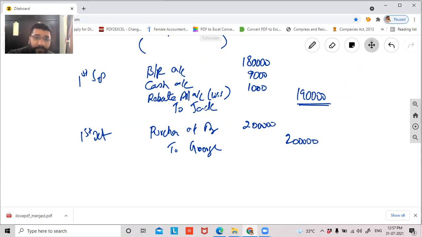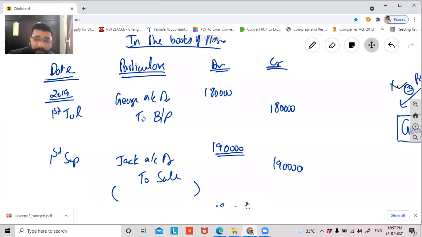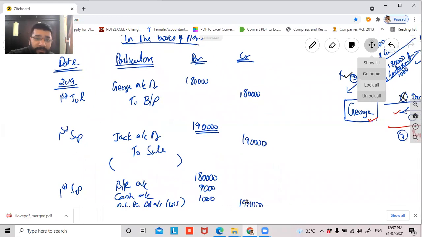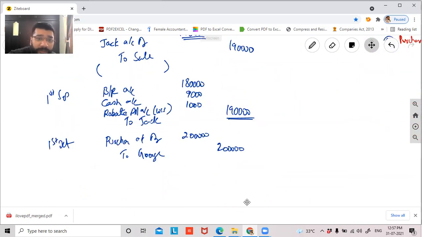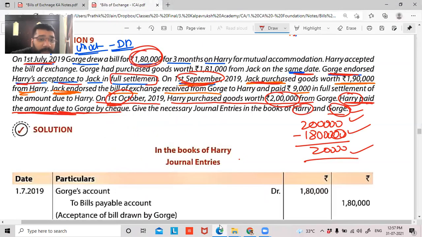Now tell me, guys, let's see whether the account is closed or not. Let's talk about Georgie first. Georgie 1,80,000 debit, and Georgie 2,00,000 credit. So can I say something is missing on the debit, 20,000 rupees? Yes or no? Yes, sir. So how do we close this? On 1st of October, Harry is making the payment by cheque.